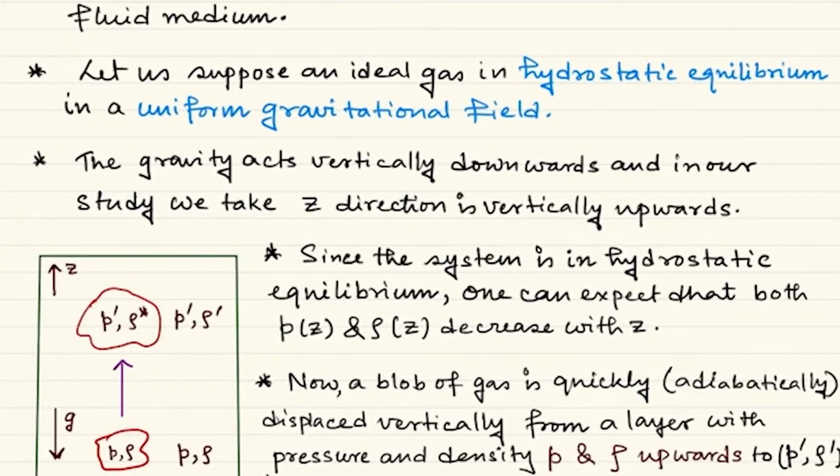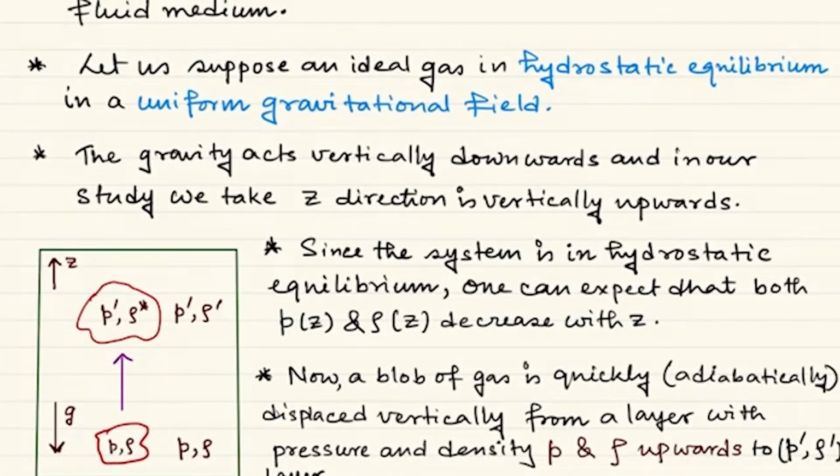Okay, so both the blob and the surrounding had pressure and density P and rho. After displacing this one vertically upward, the blob has now reached a layer which was not its own or familiar layer.